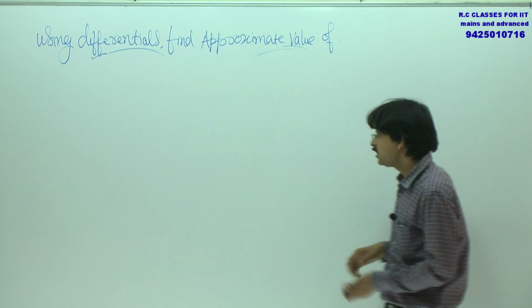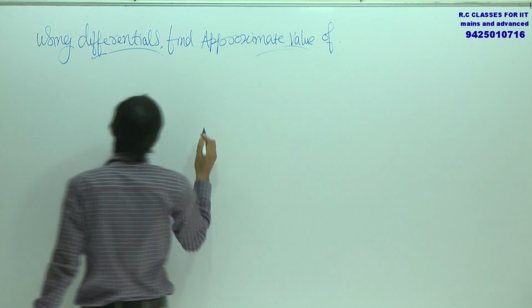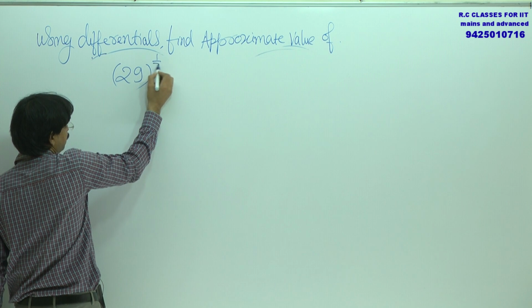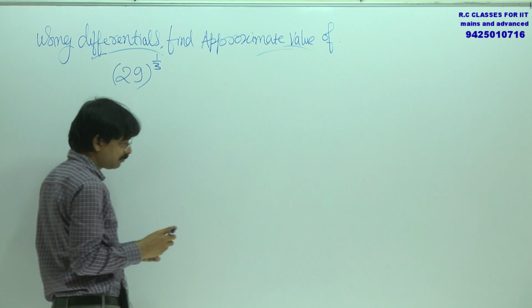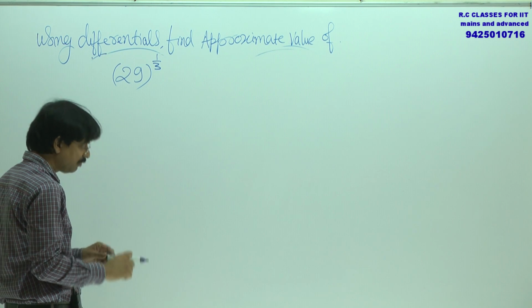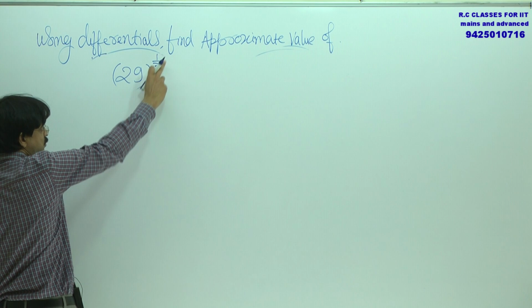Now the next question is, using differentials, we have to find out the approximate value of 29 raised to power 1 by 3. Earlier we calculated the approximate value of a square root function, the square root of 401. Now it is the approximate value of a cube root function, 29 raised to power 1 by 3.